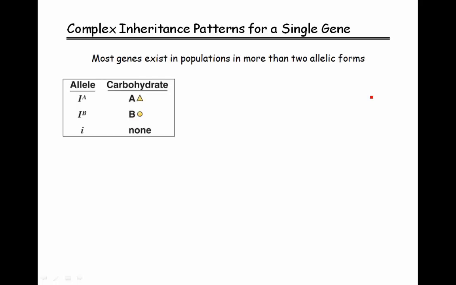Now, a good example of a gene that has multiple alleles possible is when we talk about blood types. And in this case, we're just talking about the letter for the blood types, so A, B, and O. This gene has 3 different alleles, and what these alleles do is they tell the cell how to make a protein that is going to stick to the outside of the red blood cells.